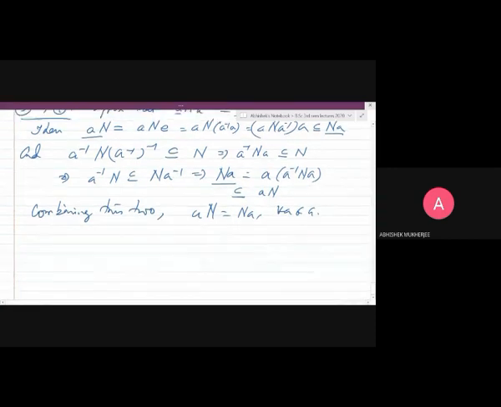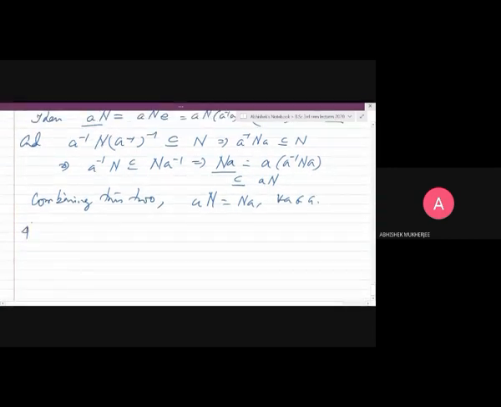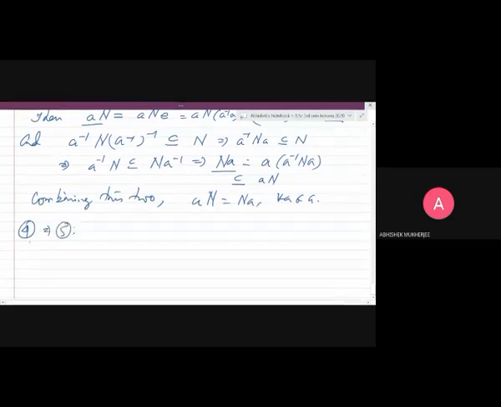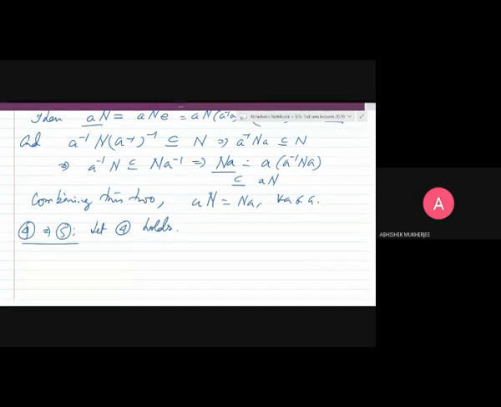Now 4 implies 5. So let 4 hold. What does it state? 4 states that every right coset is a left coset.